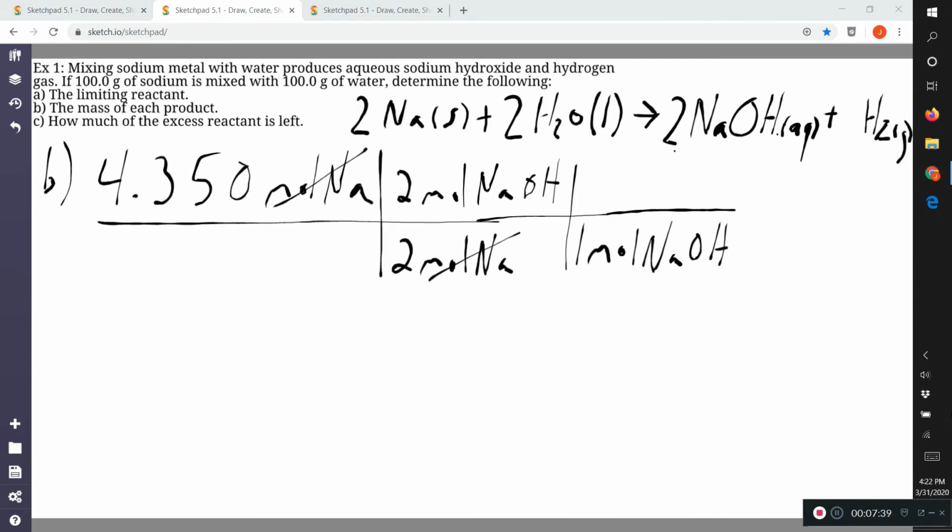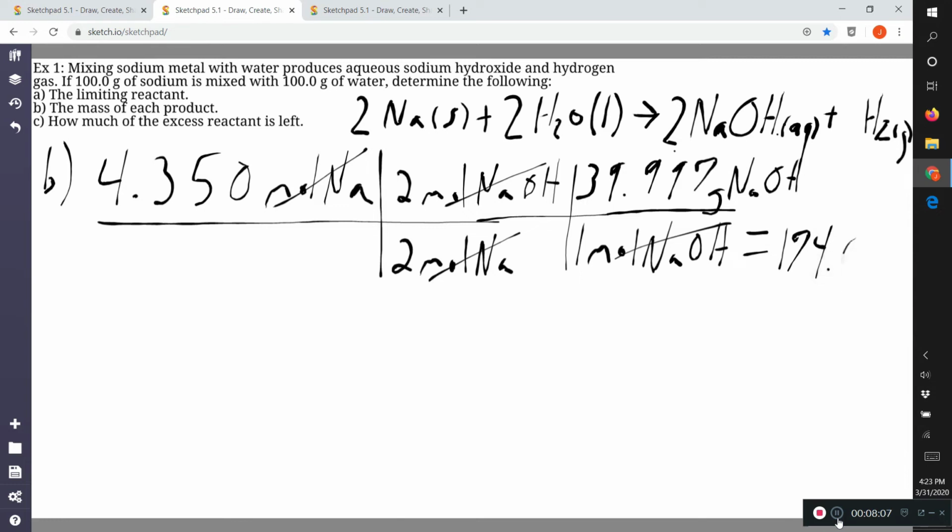And when you do that, you get 39.997 grams sodium hydroxide. Now, when we do the calculation, remember, you multiply the numbers on top, divide the numbers on bottom. We are going to get 174.0 grams of sodium hydroxide.